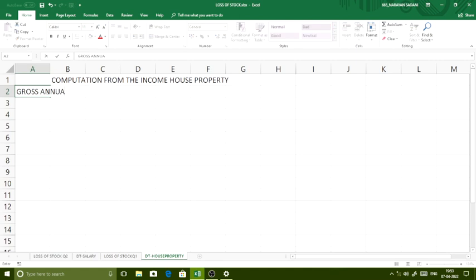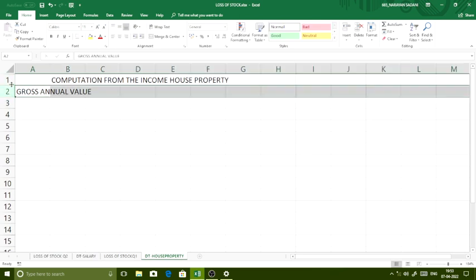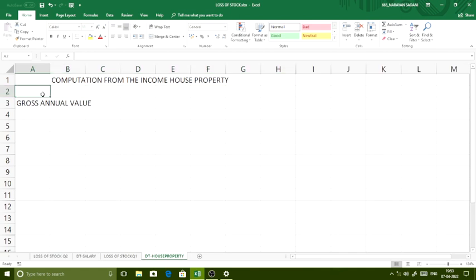Gross annual value. And what is the gross annual value? We are also discussing this. We just need some particulars, and we need the let out part.